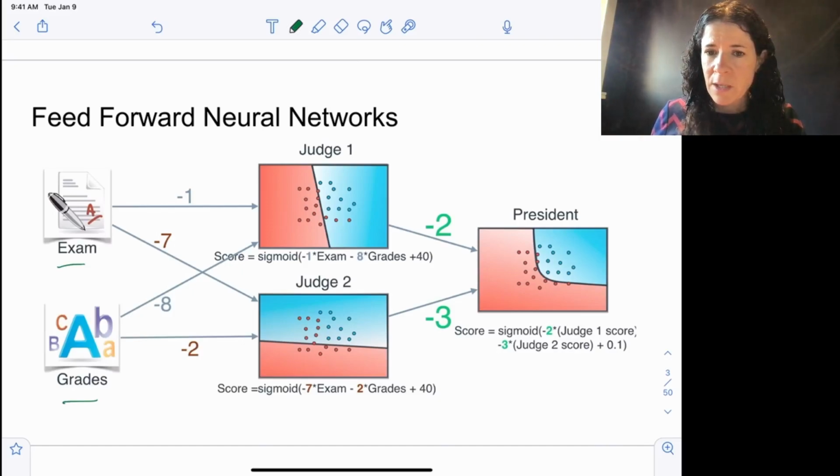And the president is computing a linear combination of the score of judge 1 and the score of judge 2, and then putting a sigmoid on top. And here are the values that we have for this particular network. What we're trying to do here is to have a function that, given an exam and grades, decides if a student gets accepted to the university or not.